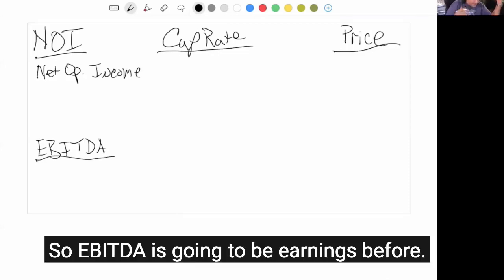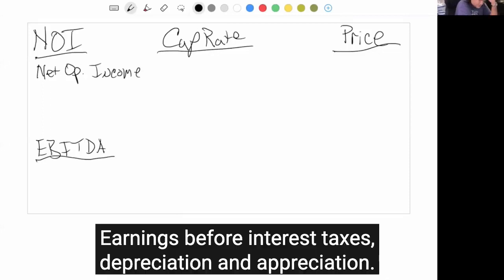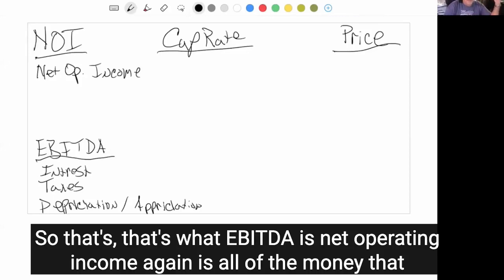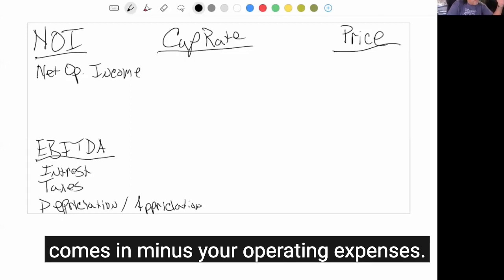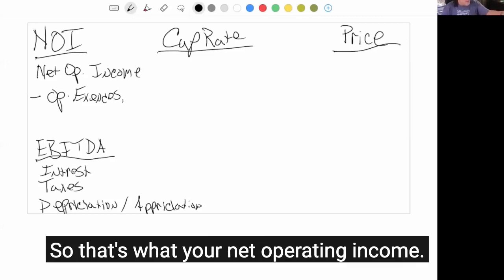EBITDA is earnings before interest, taxes, depreciation, and appreciation. Net operating income, again, is all of the money that comes in minus your operating expenses. So excuse the chicken scratch, that's what your net operating income is.